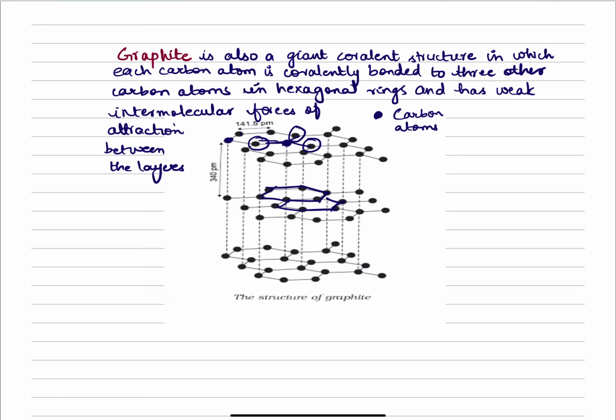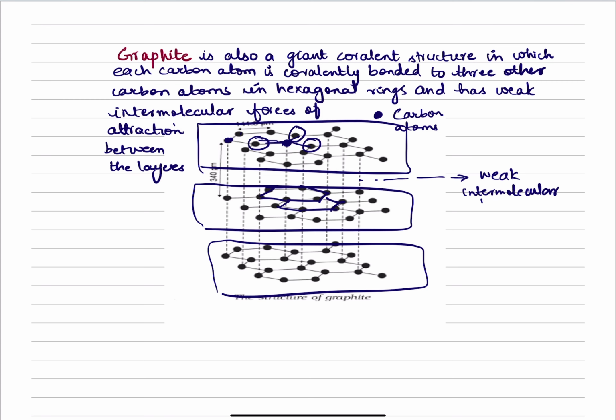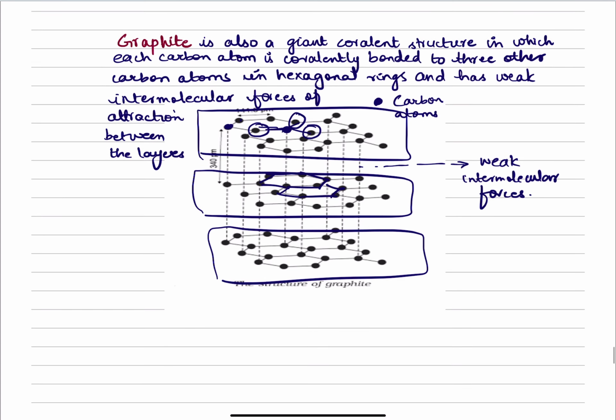If you see graphite, this is one layer or sheet of graphite, this is another layer, and this is another layer, and you see these dotted lines; these are weak intermolecular forces between the layers. Again, graphite is not a molecule, it's a huge structure, but between the layers we have weak intermolecular forces.